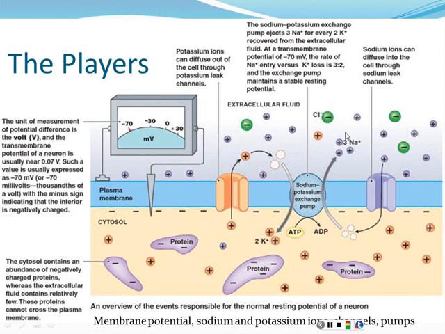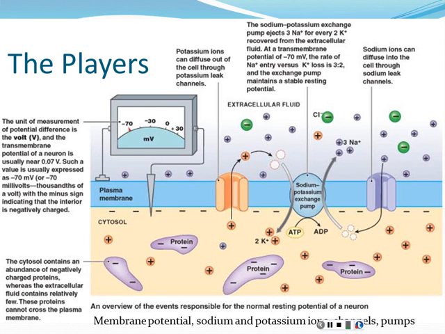So all told, sodium is leaking in, potassium is leaking out, the pump is pumping sodium out and potassium in. When we go and actually measure the membrane potential, we get minus 70. So that number is worth remembering. So the resting membrane potential of most neurons is minus 70 millivolts.